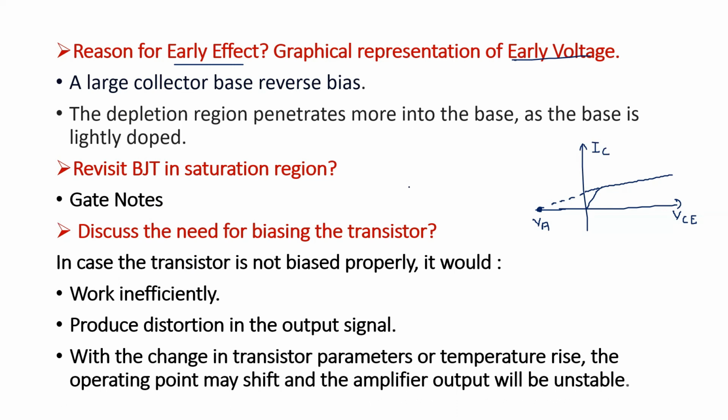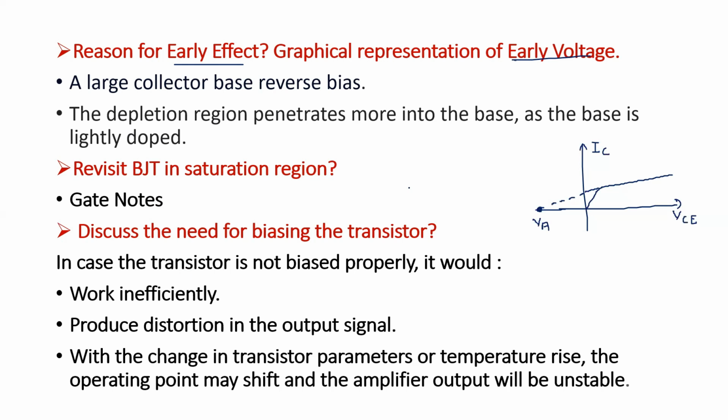And for saturation, you can revise your GATE notes. In saturation, we define the amplifier basically. That's why I mentioned the saturation region. Then discuss the need of biasing. I have mentioned a few points here. You can read it properly. With the help of biasing, we set a transistor ready for amplification. Biasing is nothing but a proper application of collector to emitter voltage, so that we have some proper current there.